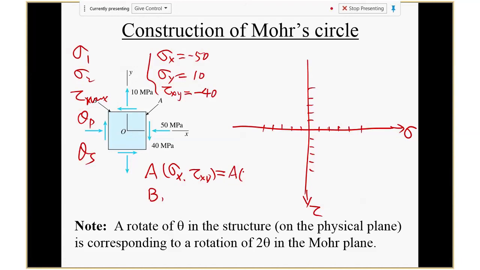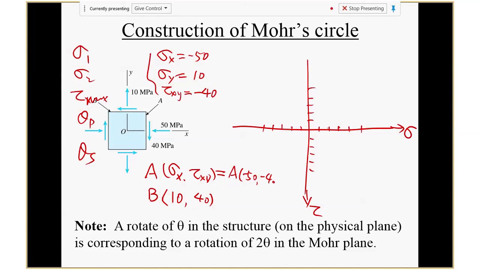Sigma x, so negative 50, then negative 40, right? Okay, where's the point B? Sigma y and negative tau xy. So what's the value? Sigma y, 10. Negative tau xy, positive 40. So you have A and B point now.